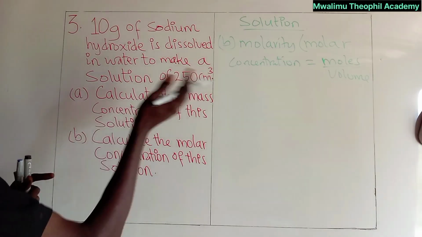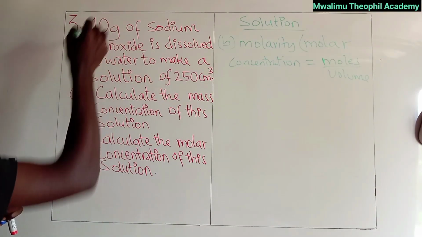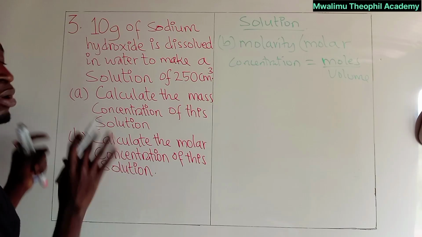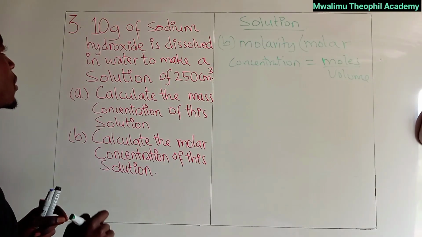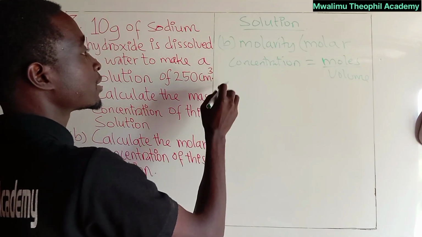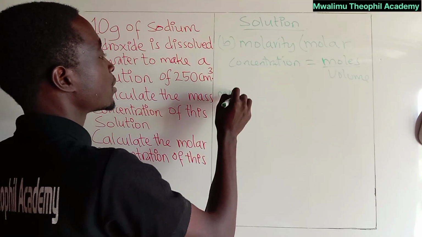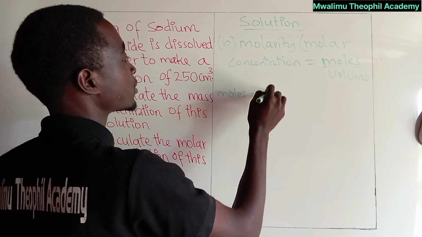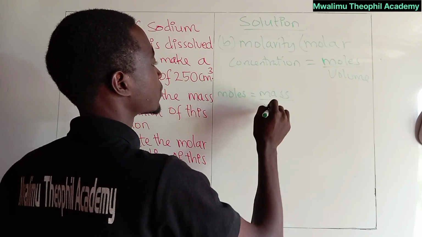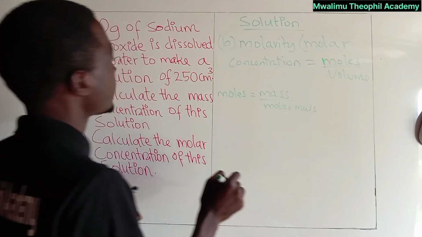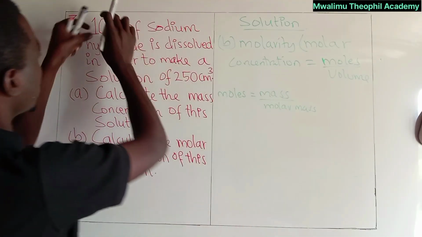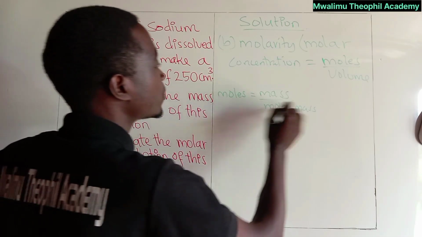We are not given the number of moles. Instead, what we have is the mass. So let's convert the mass given, which is 10 grams, into number of moles. Here we know that number of moles is equal to mass over molar mass. Mass already we are given, but what about molar mass?